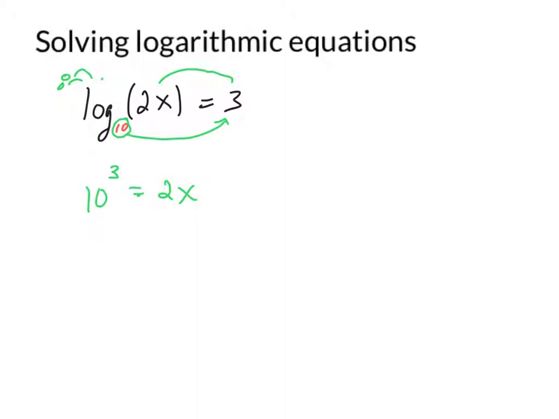If we keep going here, it looks like I don't have too many more steps. 10 cubed is 1,000, which is equal to 2x. Then I can divide both sides of this by 2. On the right-hand side, I get x, and on the left-hand side, I get 500.